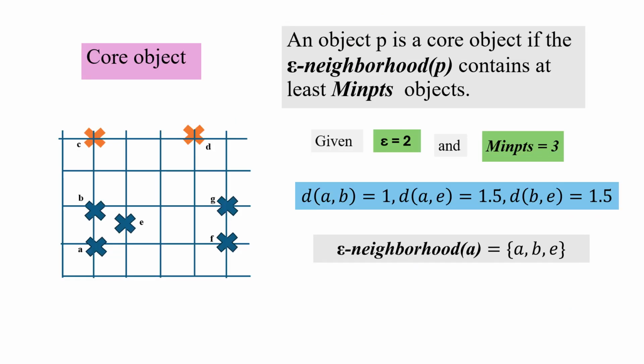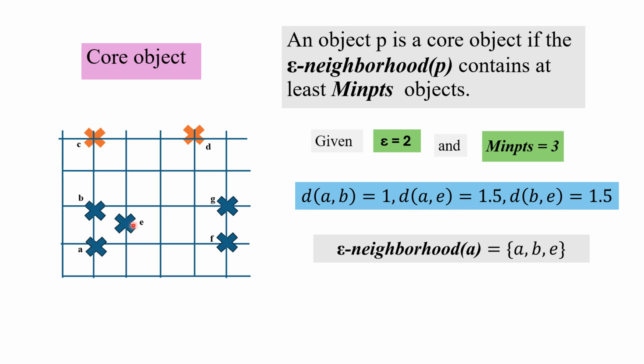We will now discuss the last important definition of this video, the core object. An object P is a core object if the epsilon neighborhood of P contains at least MinPts number of objects. Epsilon and MinPts are user given parameters. Here in this example, we take epsilon 2 and MinPts as 3. Let us look at the distances. AB is 1, AE is 1.5.